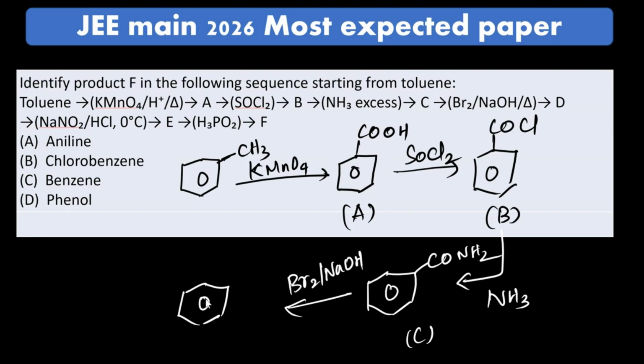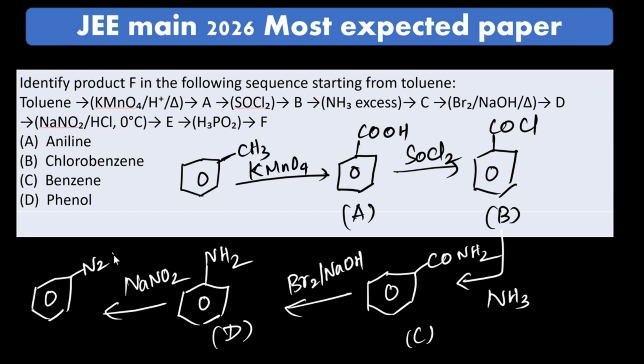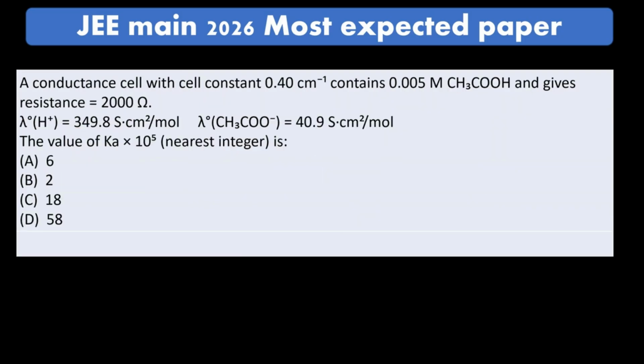Which will lead to the formation of amines, amide to amine, right? Then that is our D. D with NaNO2 HCl 0 degrees Celsius, that is diazotisation to form C6H5N2Cl. Then that with H3PO2, F, what is the product? That will form benzene. Okay, so you should know all these reactions to answer this question.